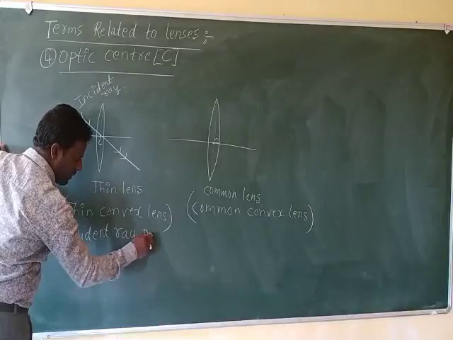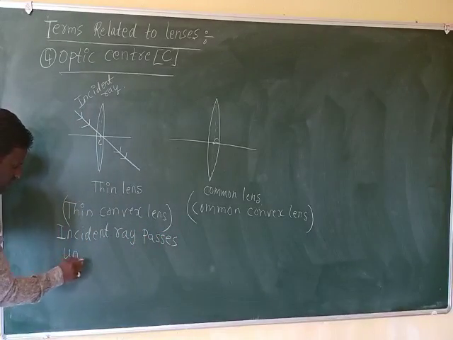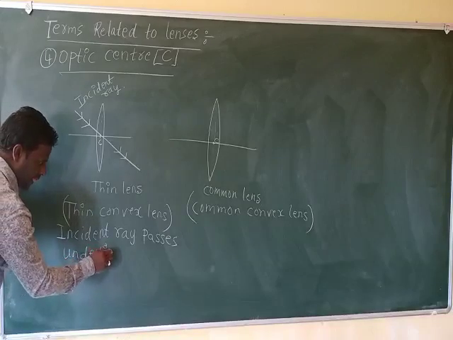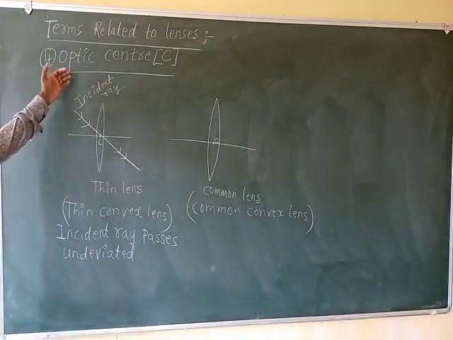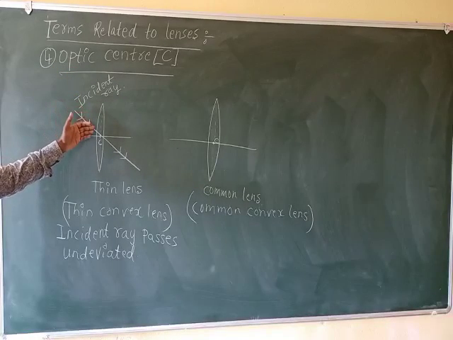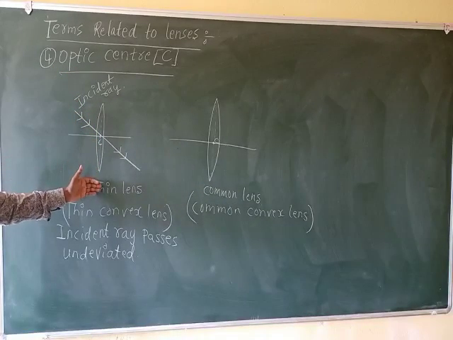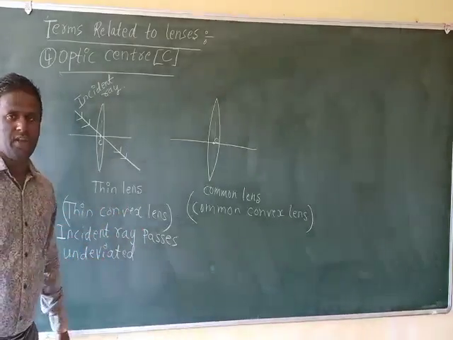The incident ray passes undeviated. So how do we define the term optic center? The optic center is a point inside the thin lens through which the incident ray passes undeviated.